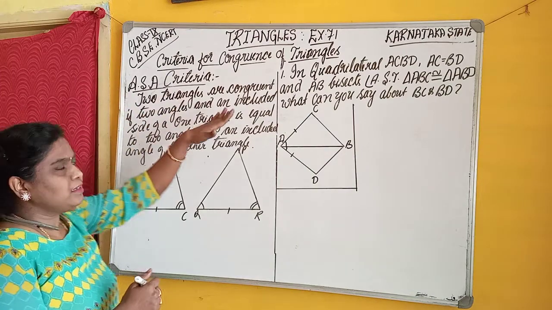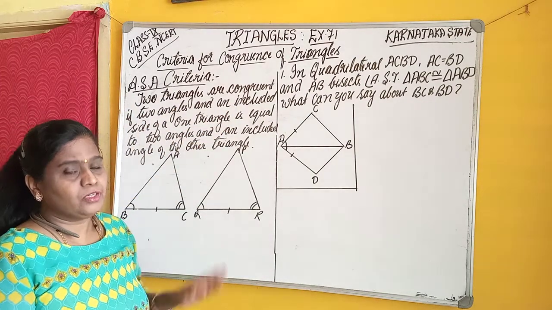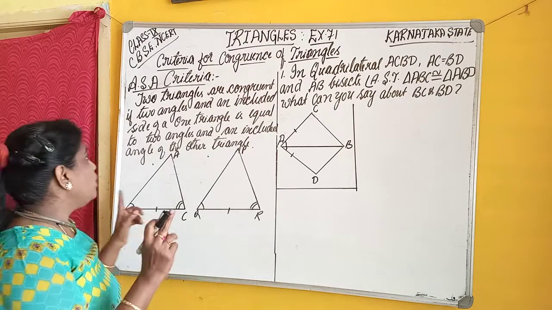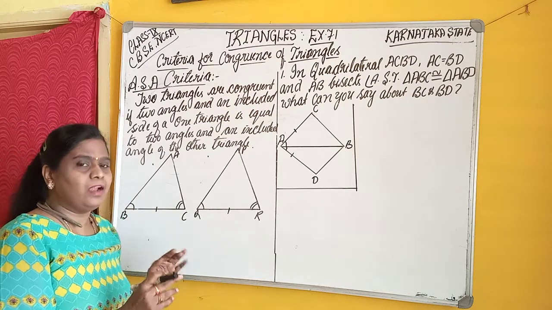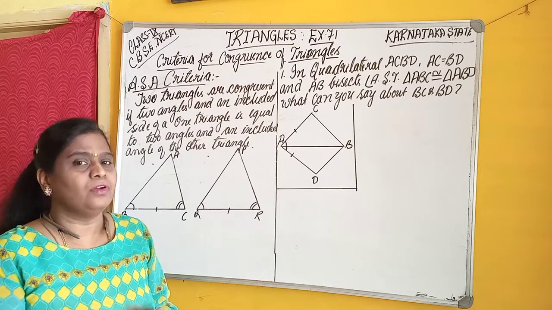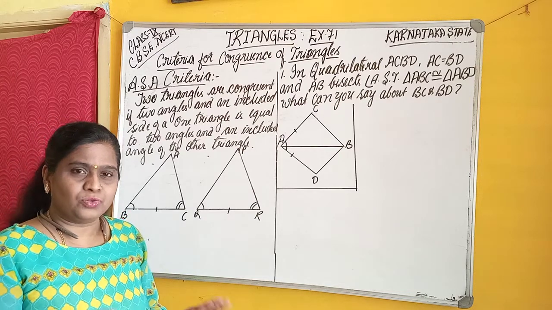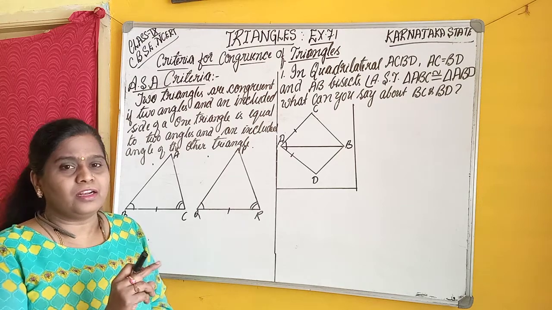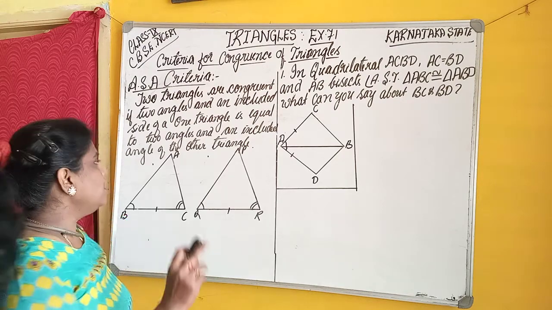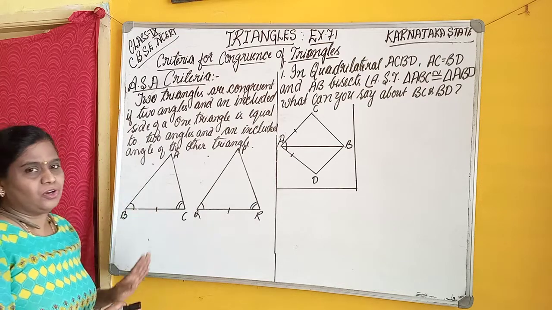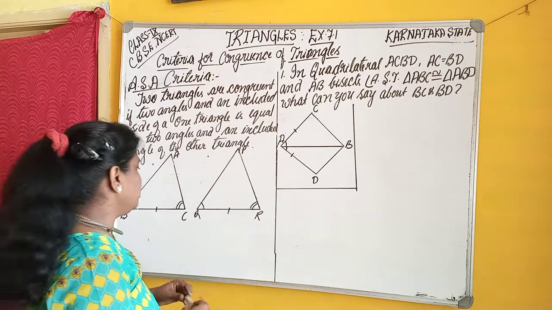Two triangles are congruent if two angles and the included side of one triangle are equal to two angles and the included side of the other triangle. Okay students, I am telling this shortly to attain the knowledge.